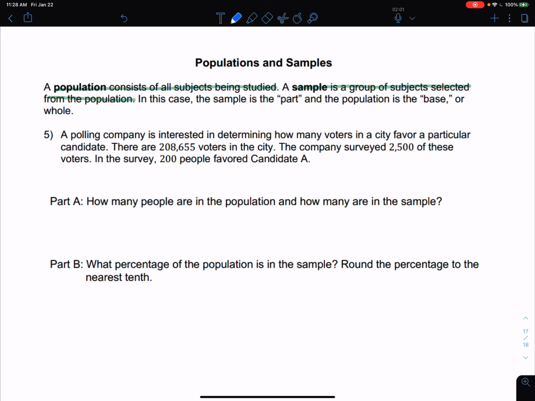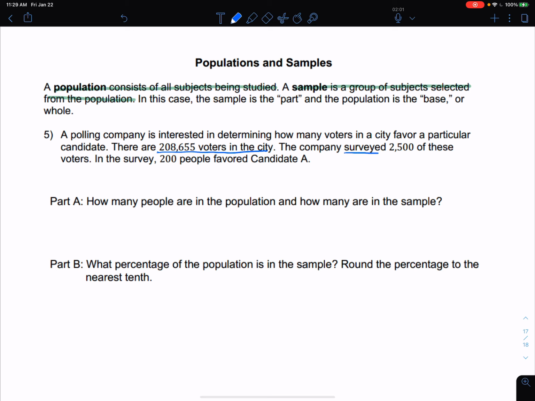So if we look at part A, they ask us how many people are in the population and how many are in the sample. So remember, the population is all the subjects being studied. The sample is the group of subjects selected from the population. So if I look back, they tell me that there were 208,655 voters in the city.